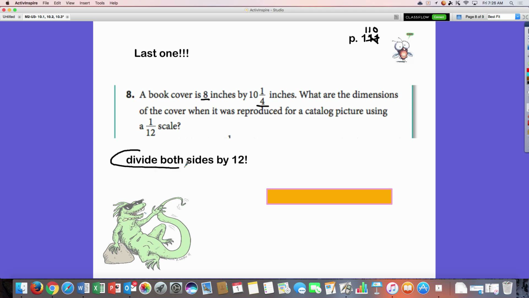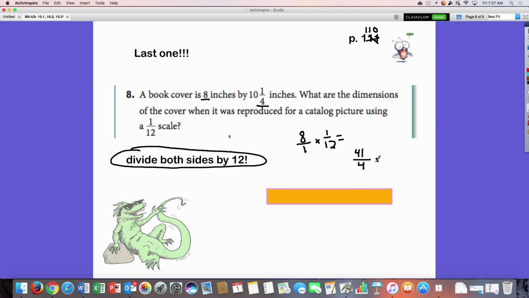We're going to divide both sides by 12, right? So I have 8 divided by 12, which is really like multiplying by its reciprocal, right? So I have 8 times 1/12, 1/12 scale. And 4 times 10 is 40, plus 1, 41/4.